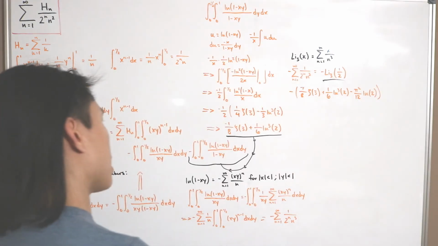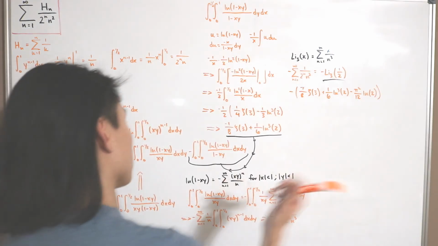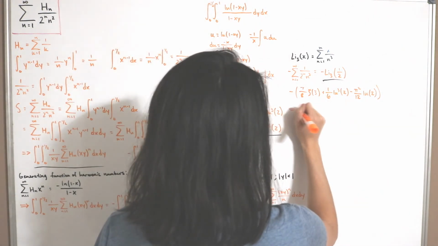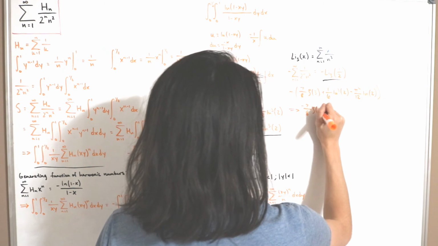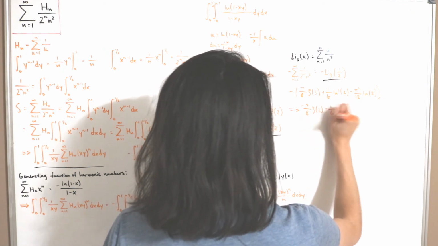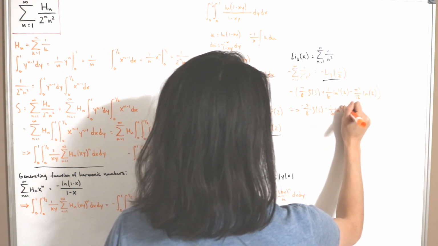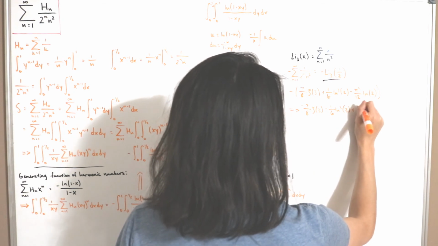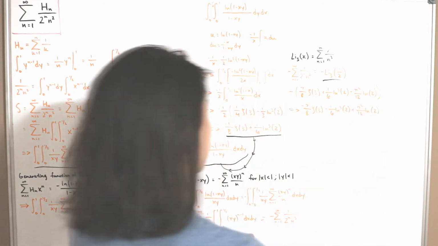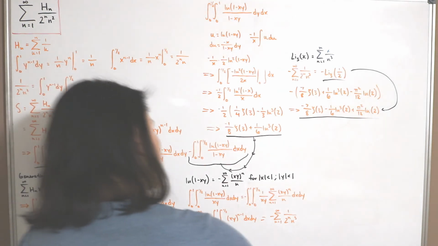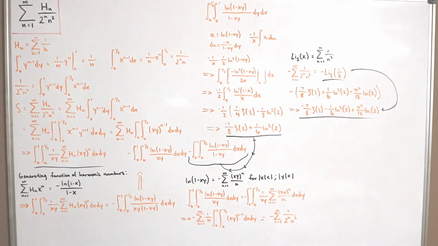So basically now, this double integral over here is just going to equal negative 7 over 8 Riemann zeta 3, then minus 1 over 6 ln cube of 2, and then plus pi squared divided by 12 ln of 2. So now we have our two double integrals evaluated.